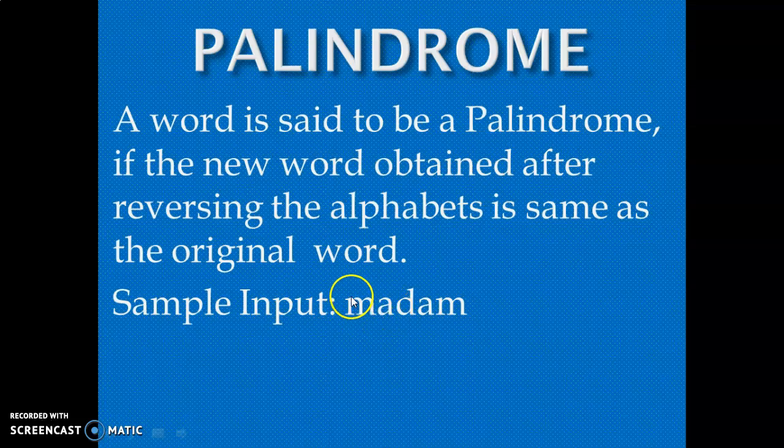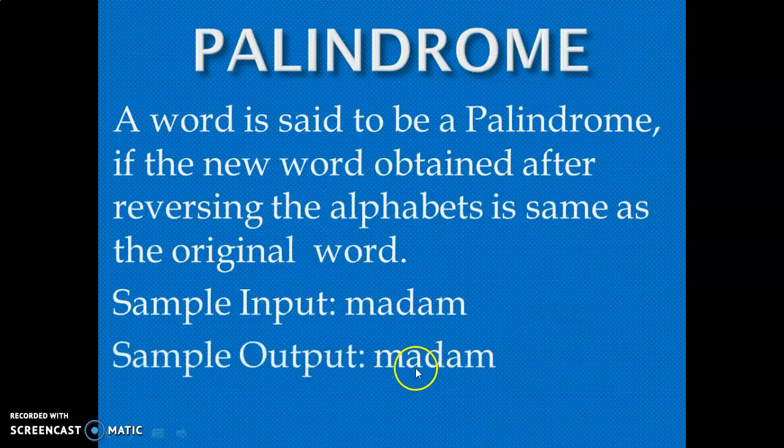Suppose your input is madam, M-A-D-A-M. If you reverse the word alphabetically, that means start from last, M-A-D-A-M. Then if you reverse the word, it's also the same as the original word. So we can say madam is a palindrome word.